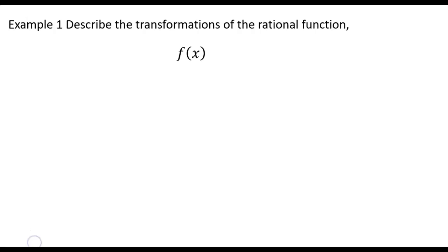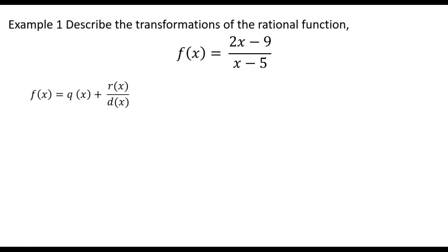Now, what if we are given a rational function such as f of x equals (2x minus 9) over (x minus 5), and we are asked to describe the transformations? We can use our knowledge in division to rewrite it in the form f of x equals q of x plus r of x over d of x, or f of x equals k plus a over (x minus h).